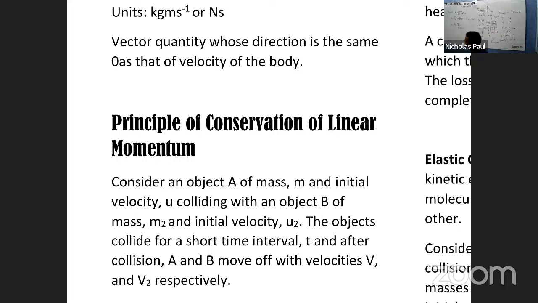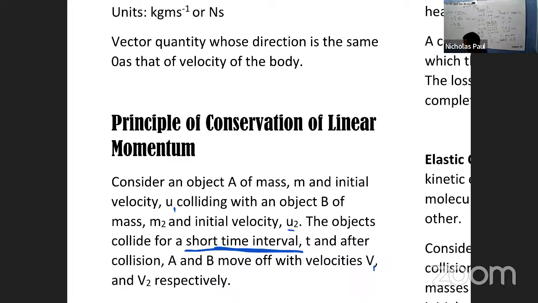They consider an object A of mass M1, an initial velocity U1, colliding with an object B of mass M2, an initial velocity U2. The objects collide for a short time, and after collision, A and B move off with velocities V1 and V2.